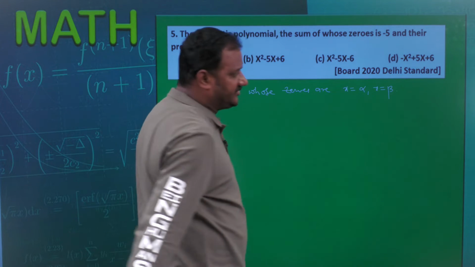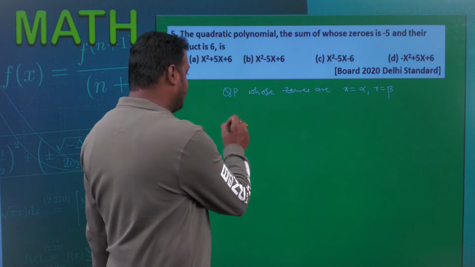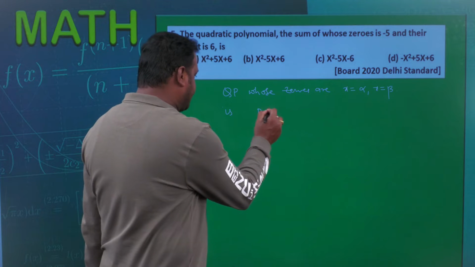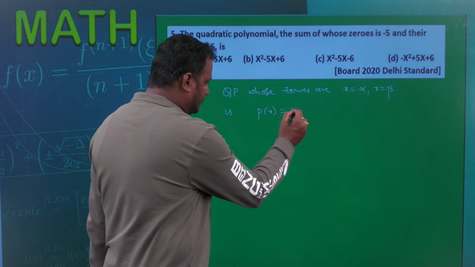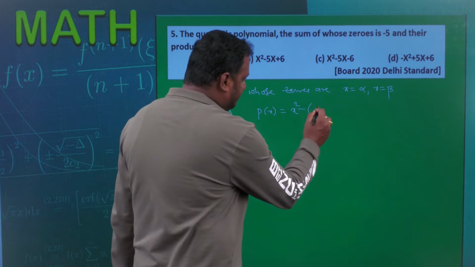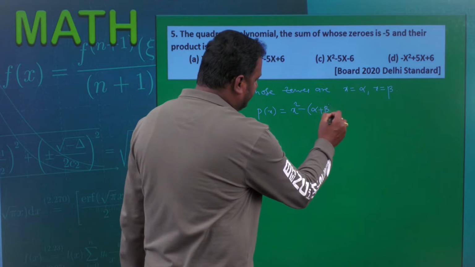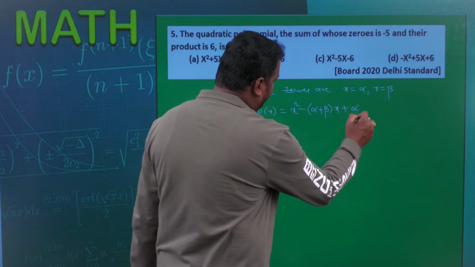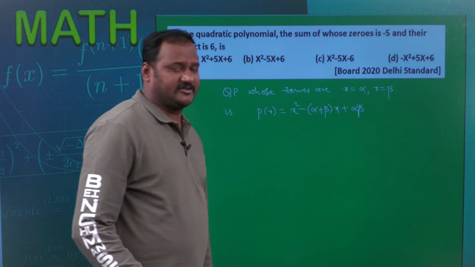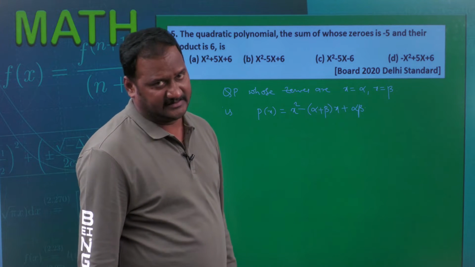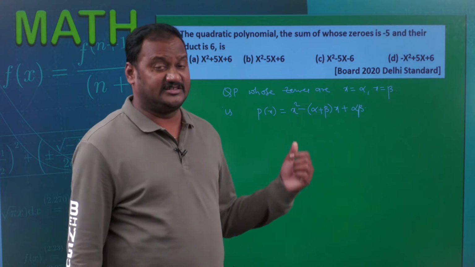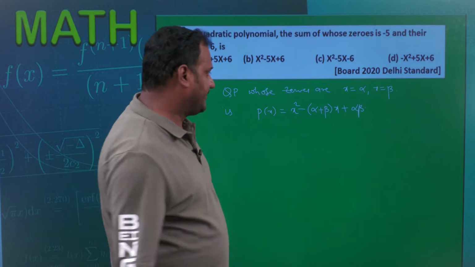Suppose there are 2 zeros given, then the quadratic polynomial is p of x is equal to x square minus of alpha plus beta times x plus alpha into beta. This is the quadratic polynomial whose zeros are given. Please do remember this.